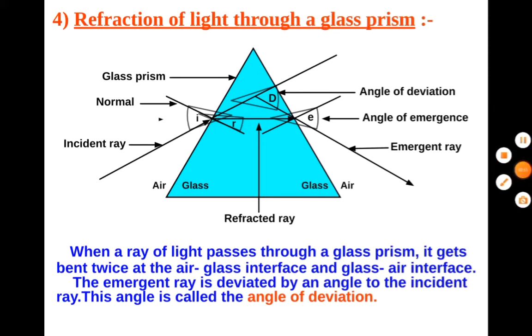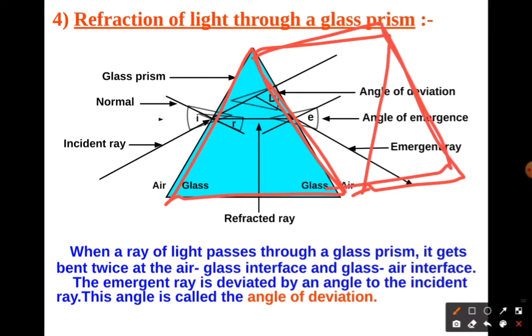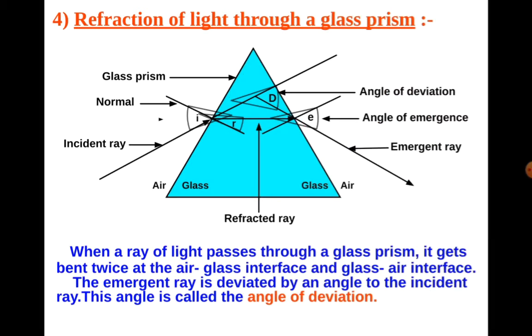How does it look? One triangle is here, and the prism looks like this. Another triangle is like this, and there are three rectangular surfaces, one here, another here, and another here. So this is how the prism looks.